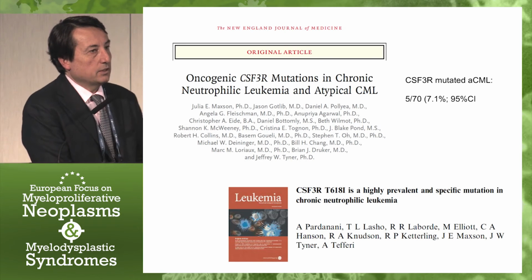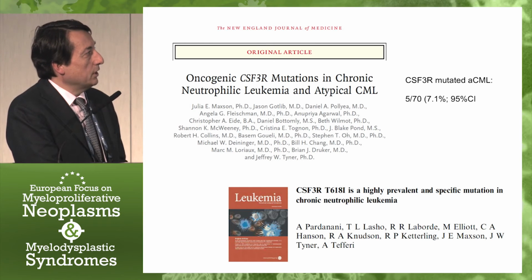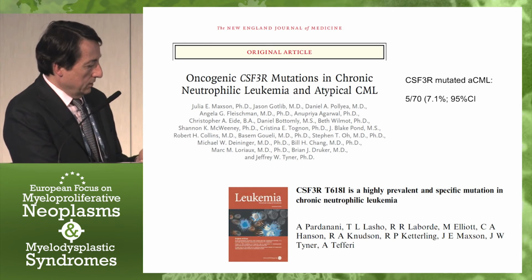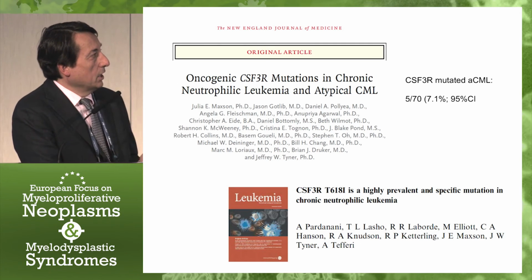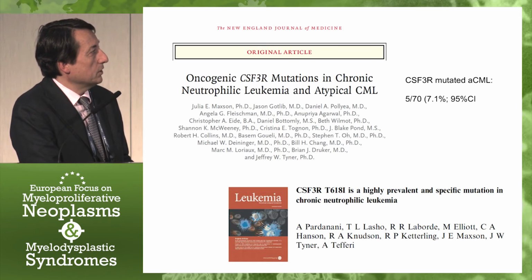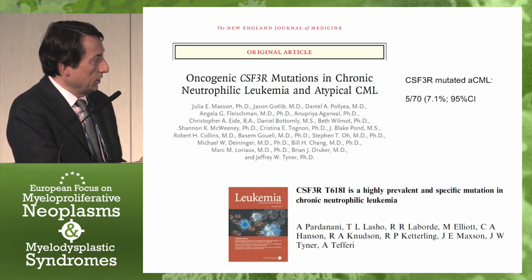In aCML, there has been also a third gene that has been described recently as being mutated, which is the receptor for CSF, and it's been described in two papers that I'm showing here. These two papers, however, have not really looked specifically at aCML, because they look at both atypical CML and neutrophilic leukemia.